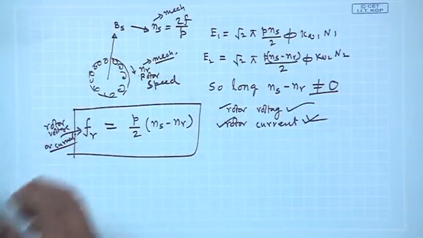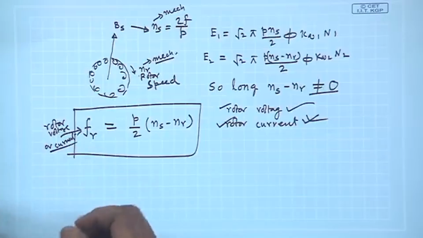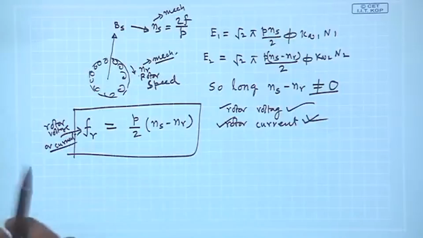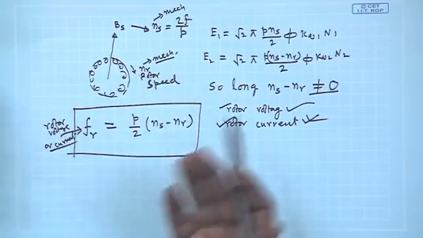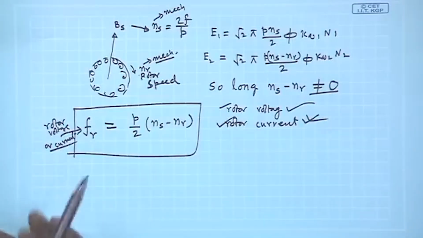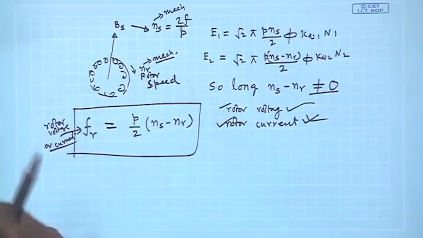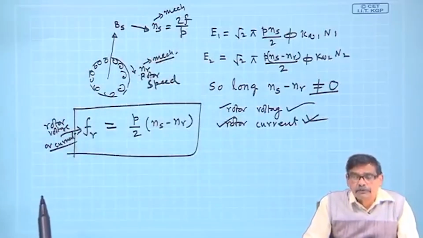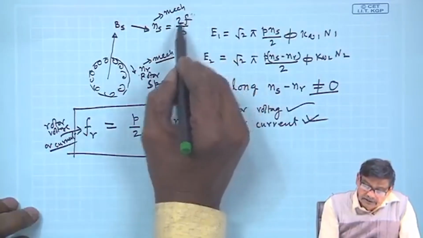So, rotor cannot but rotate in the same direction as that of the stator field. Now t equal to 0 plus is over, time has elapsed quite a bit, so the rotor has started rotating in the same direction at some speed n r, could be 2 rpm, 5 rpm, whatever it is. Stator field speed will of course not change, because it is connected to a supply whose frequency is f.